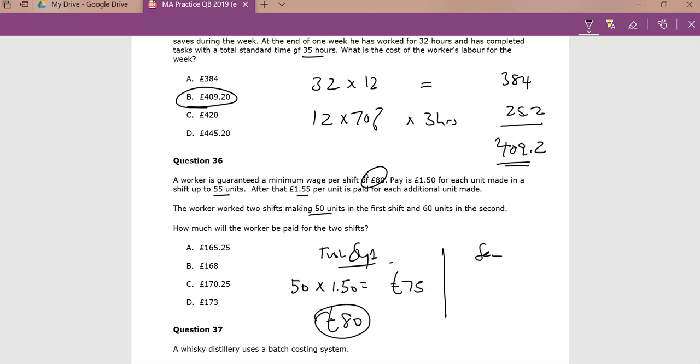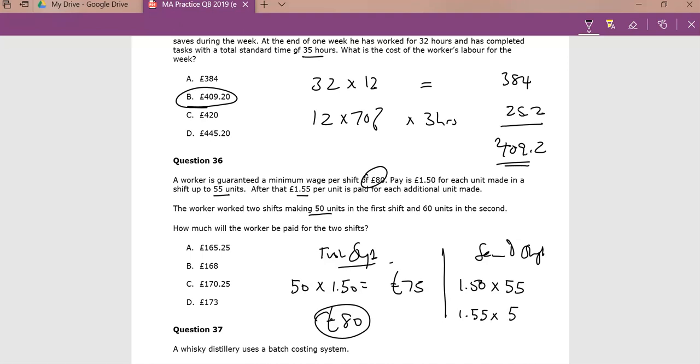The second shift, what we have is that he does 60 units, so we know that he gets £1.50 for the first 55 units, and then he gets £1.55 for the next 5 units. So I need to work these.